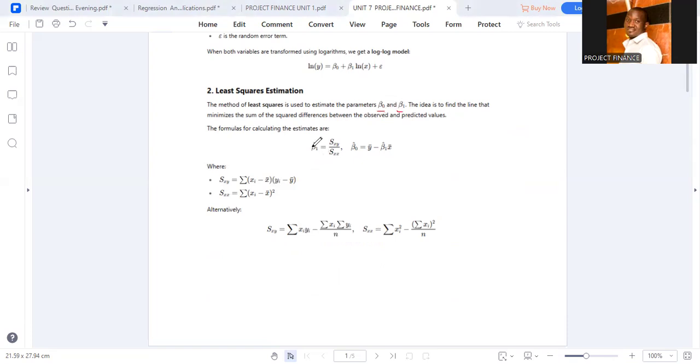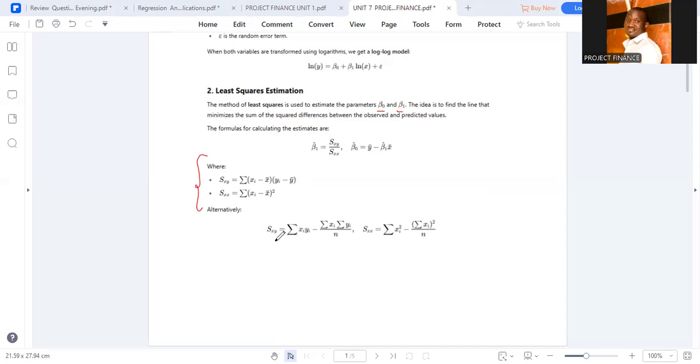To find our slope, we find SSxy over SSxx. And the intercept is the mean of y minus b times the mean of x. Where SSxy is the summation of (x minus mean of x) times (y minus y bar), whereas SSxx is the summation of (x minus the mean) squared.